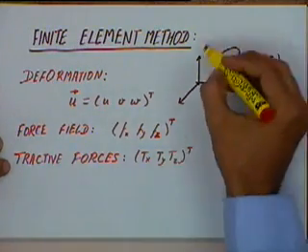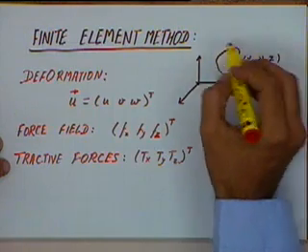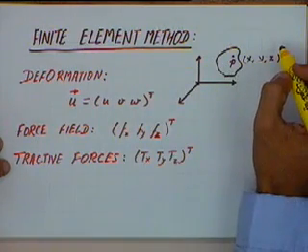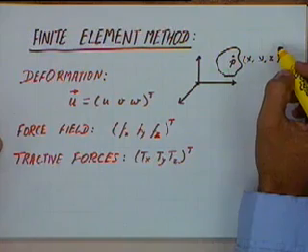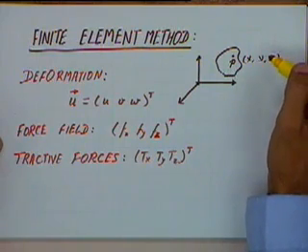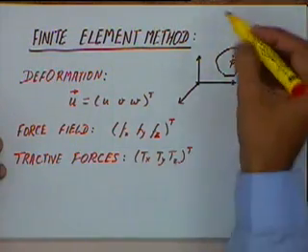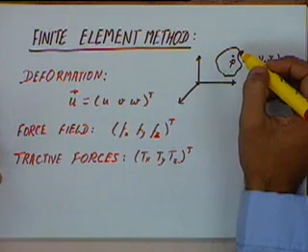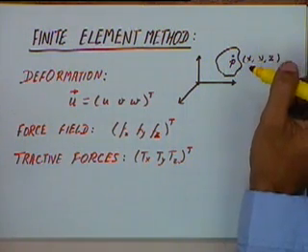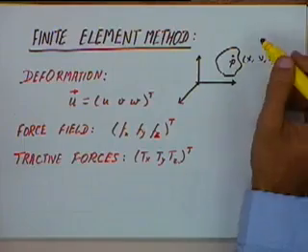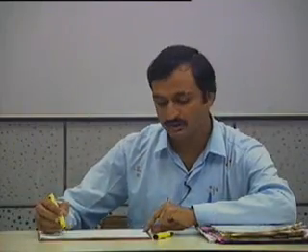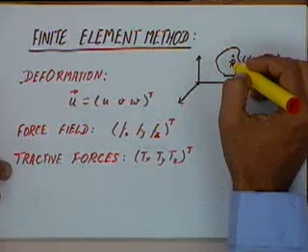If we have any three dimensional object, we can have a volumetric force, which is force per unit volume, typically something like gravity or magnetic forces. On the surface we can have pressure fields, or a uniform distributed load or similar force fields acting on the surface. These will be called tractive forces, and we can have point forces.